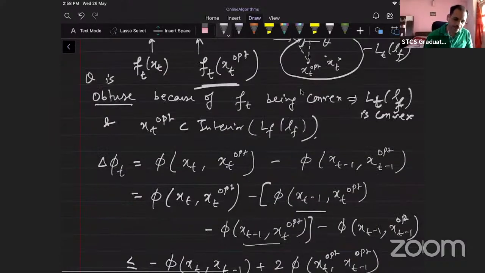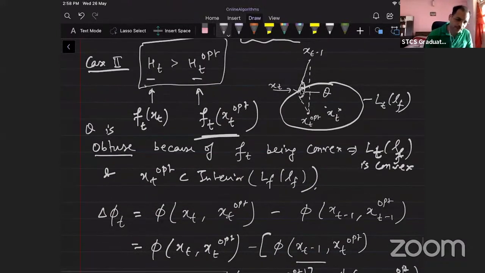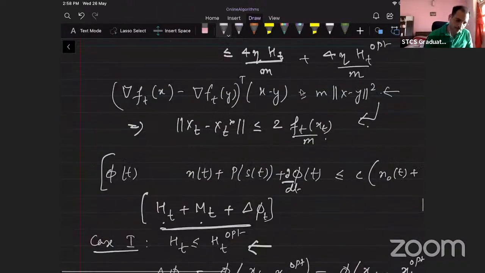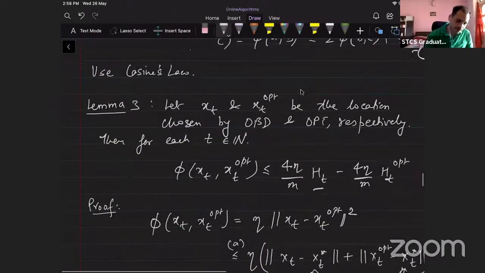So remember, what was the angle I was looking at? I was looking at the angle between this vector, which is XT minus 1 and XT, and this vector, which is XT opt and XT. So that is where I'm actually applying these lemmas. Do you want me to recollect those lemmas or other propositions? So what did we say here?